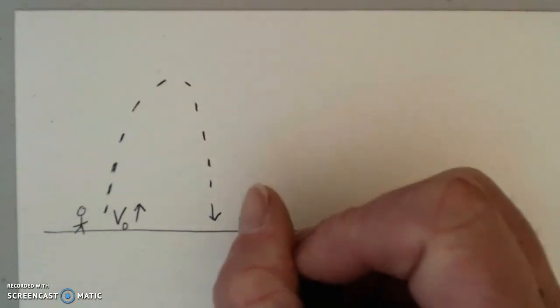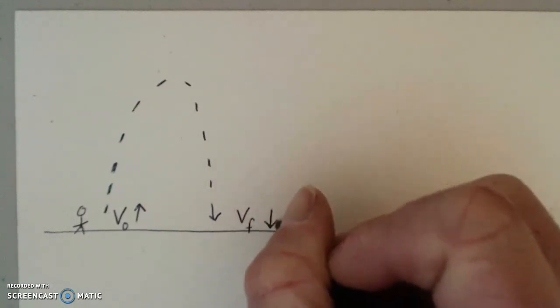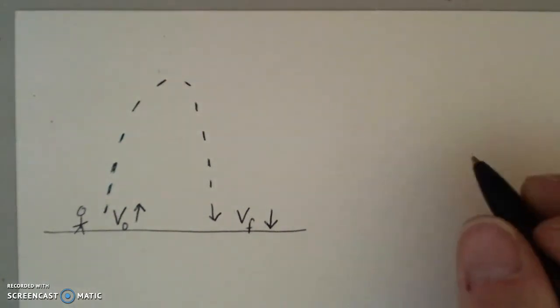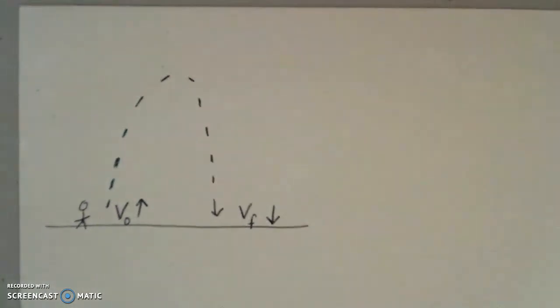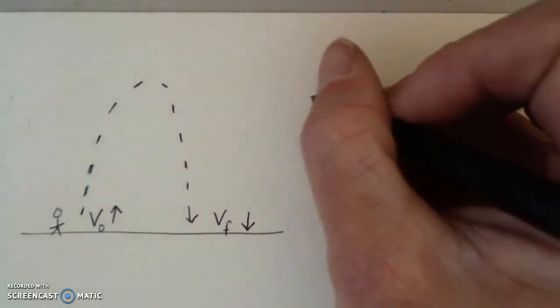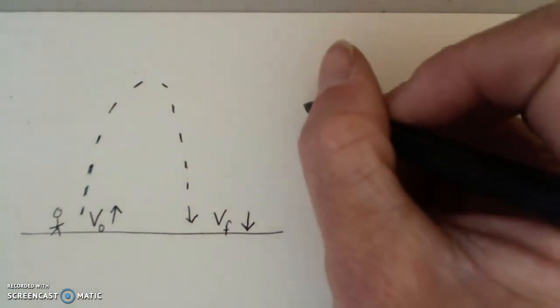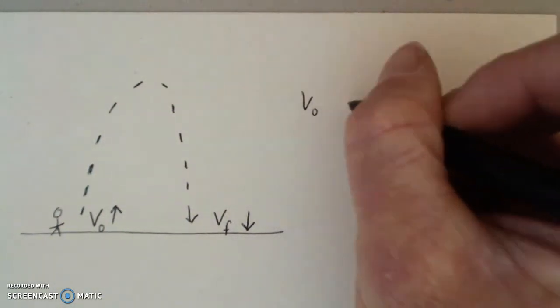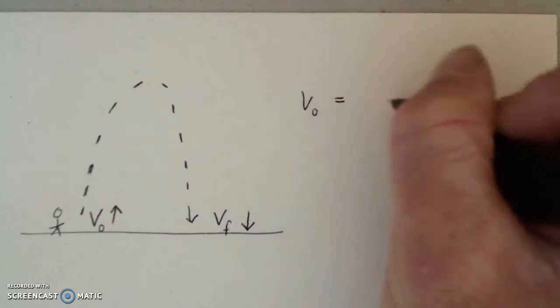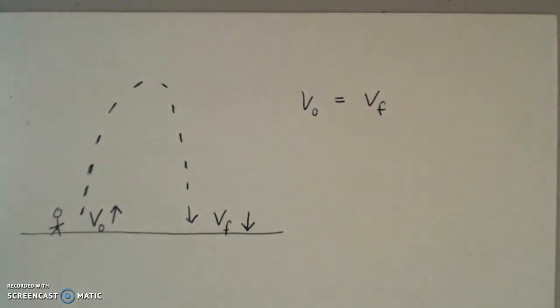At the bottom, I have some final velocity vector, and the direction of that vector is obviously going to be down. The first key thing to say here about this motion is that we have something called symmetry, where the initial velocity that it leaves your hand is going to be exactly equal to the final velocity when it returns back to the ground.